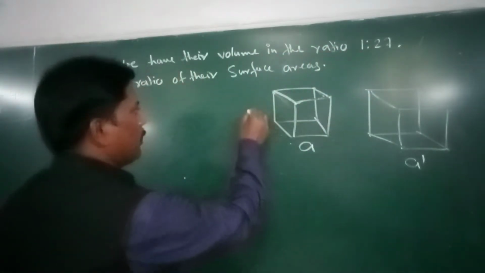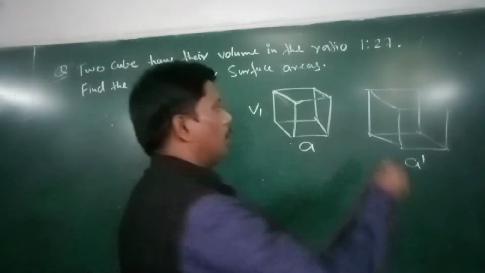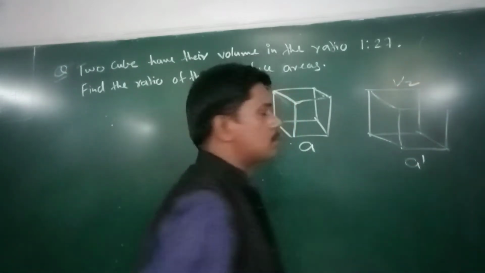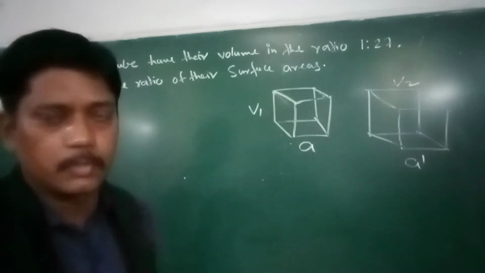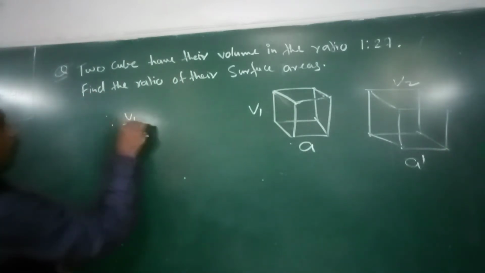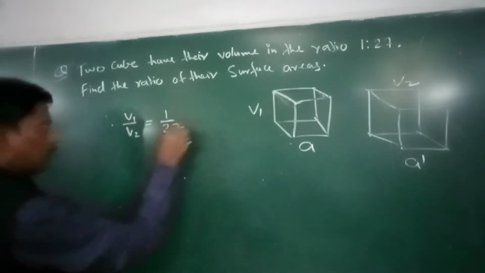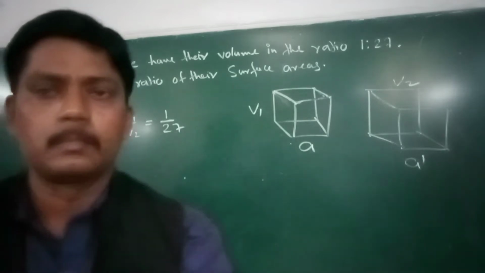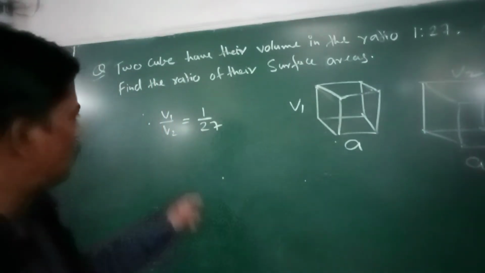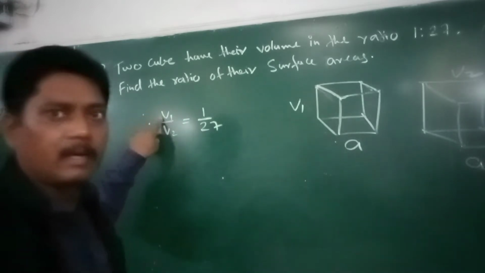Suppose V1 is the volume of the first cube and V2 is the volume of the second cube. So V1 upon V2 is already given as 1 upon 27, and the volume of a cube is equal to side cube.